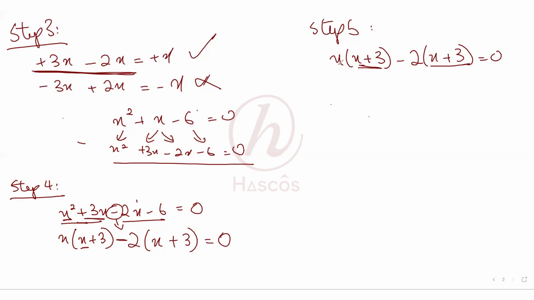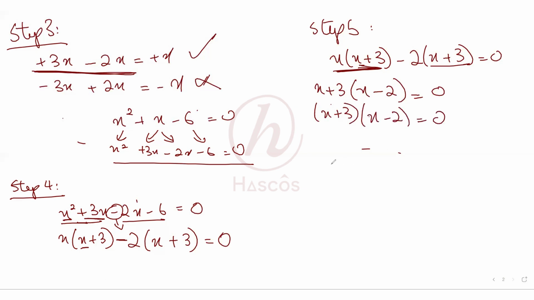We're going to factorize it out. So we take x plus 3 away from both of them. When we take x plus 3 away from x bracket x plus 3, we're only left with an x. When we take x plus 3 away from negative 2 bracket x plus 3, we're left with a negative 2, equals 0. And then for the ease of our calculations, we attach a bracket to x plus 3 and then x minus 2 equals 0.